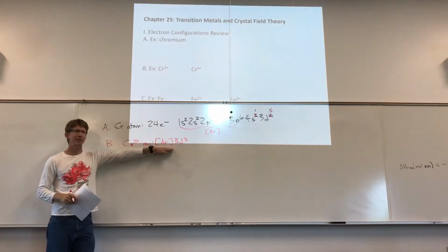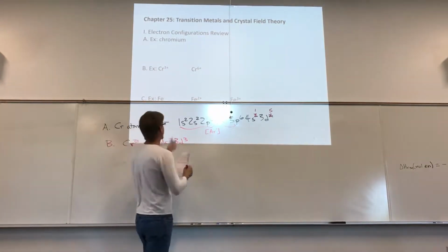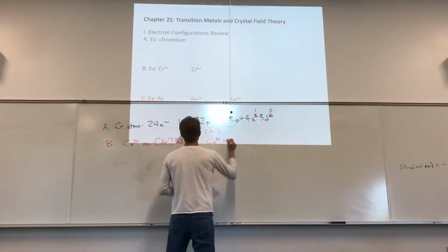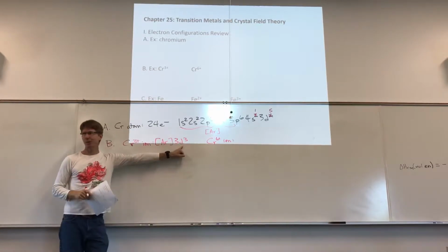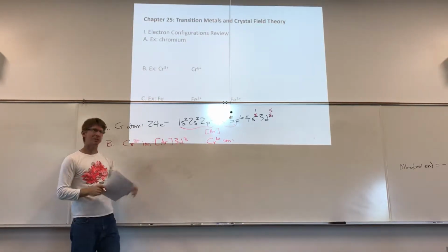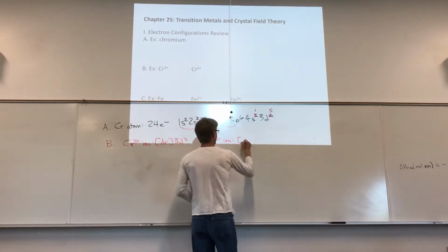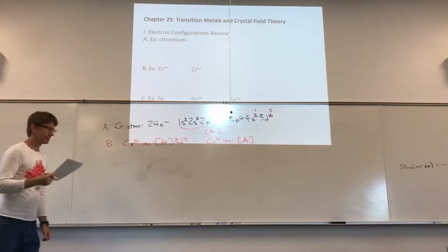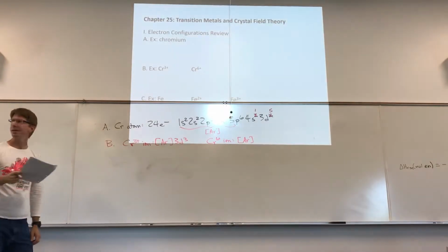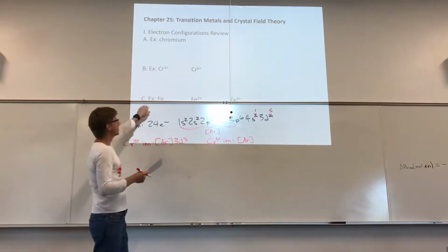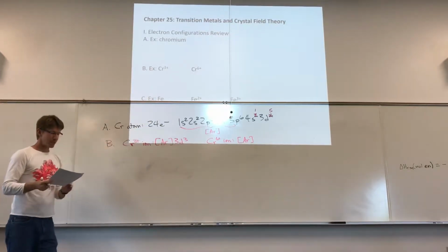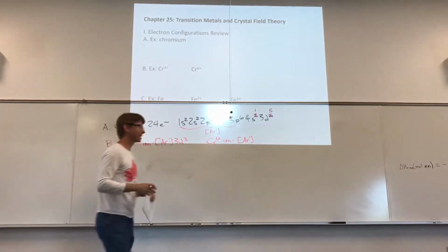Any questions about that? If not, then we'll do chromium 6+. Take away another 3 electrons, you're left with just the electrons of argon. You can do similar things with iron. I'm going to skip this one and move on to the next slide.